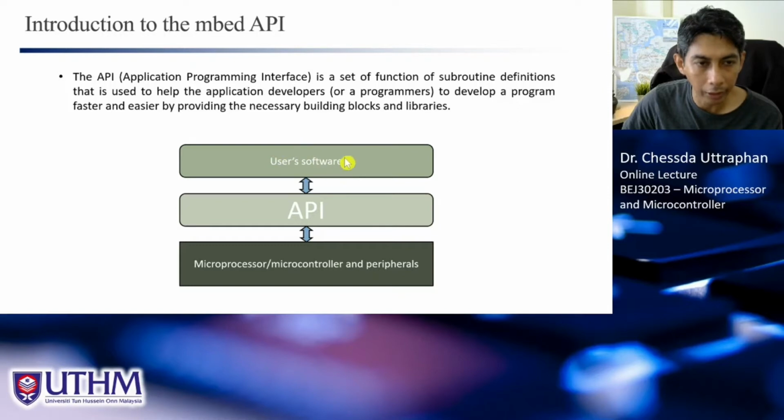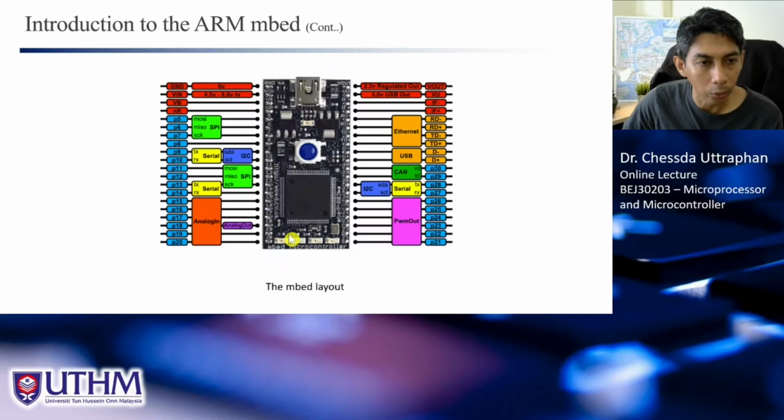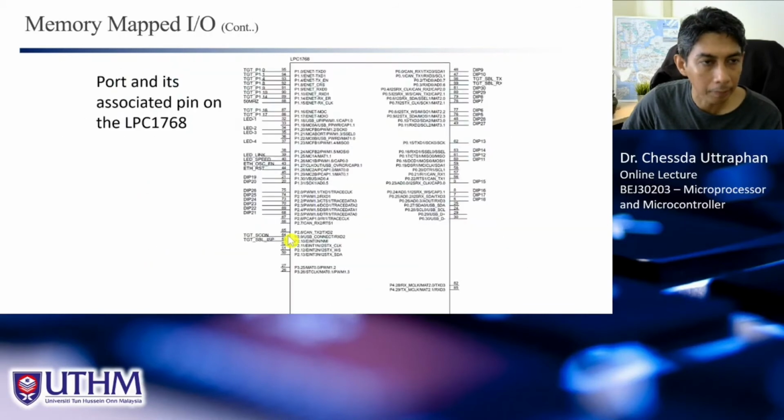So we write the program here, and it will be interfaced with the mbed API to access the hardware of the microprocessor or microcontroller. For example, we want to configure the I/O just like what we did here.